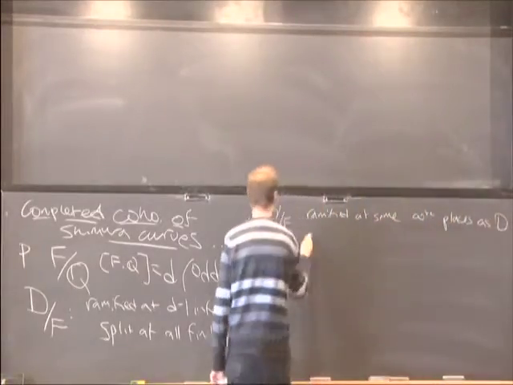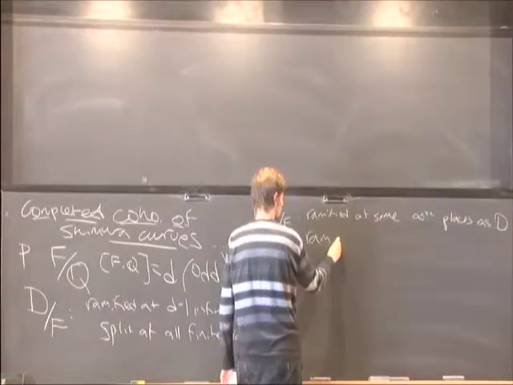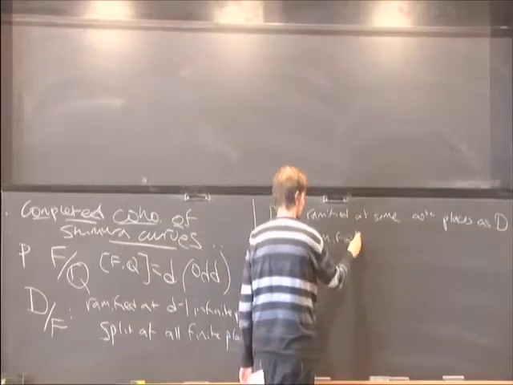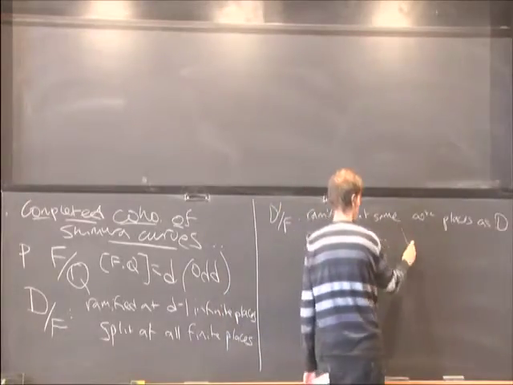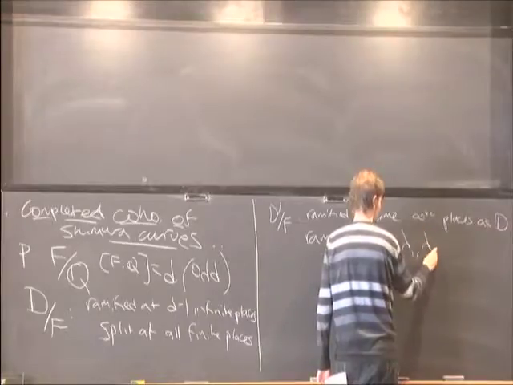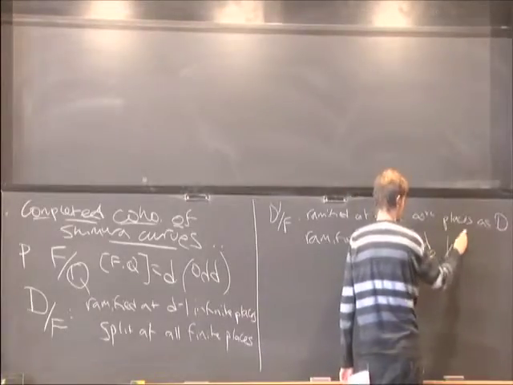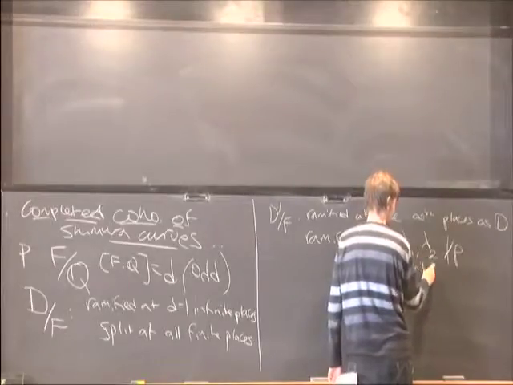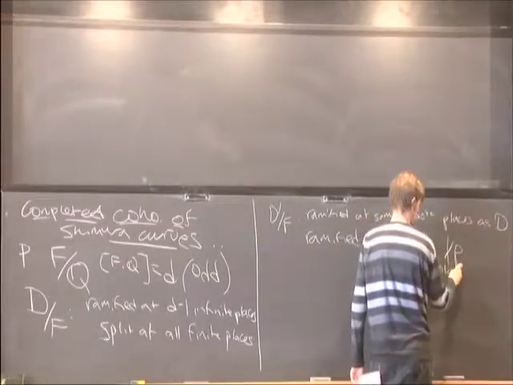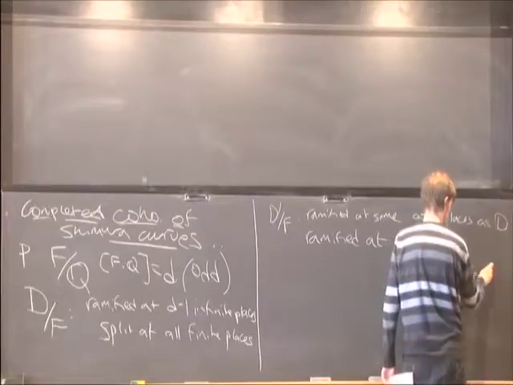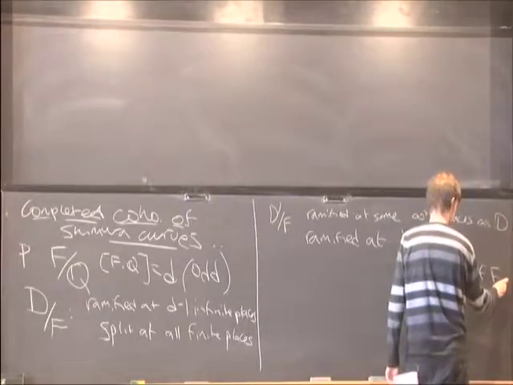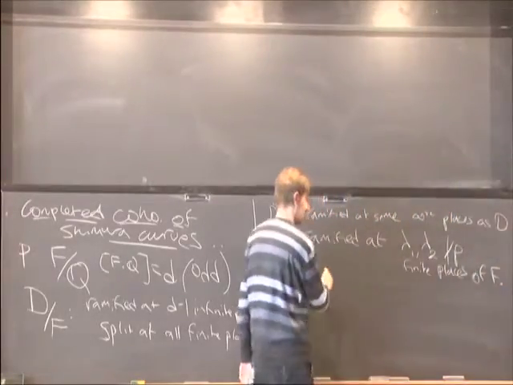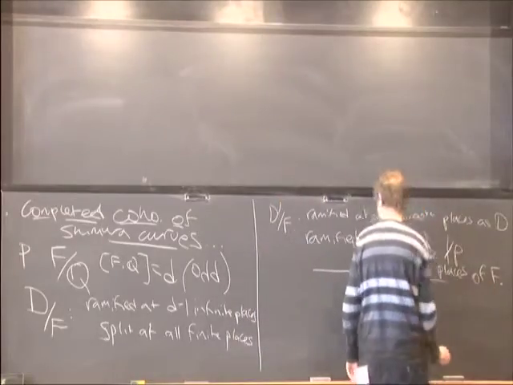And in addition, it will ramify at two finite places, which I'll denote by lambda 1 and lambda 2, and I'll assume they don't divide p. So finite places there. Okay, it's two quaternion algebras over F.